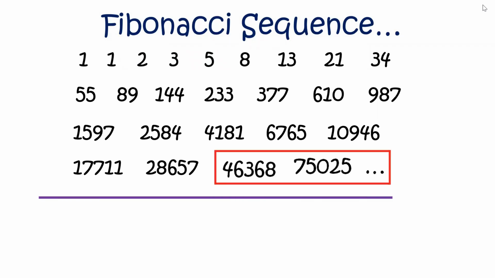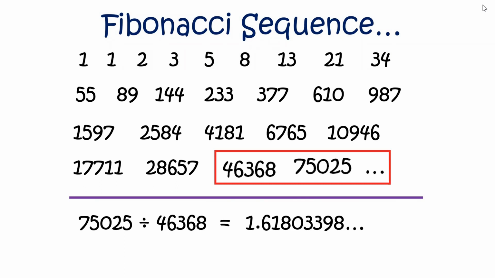And if we take these numbers and we divide the last number by the one just before it, particularly if we go very high up in the sequence and make very high numbers, then we find that eventually this ratio starts converging to a very special irrational number called the golden proportion.